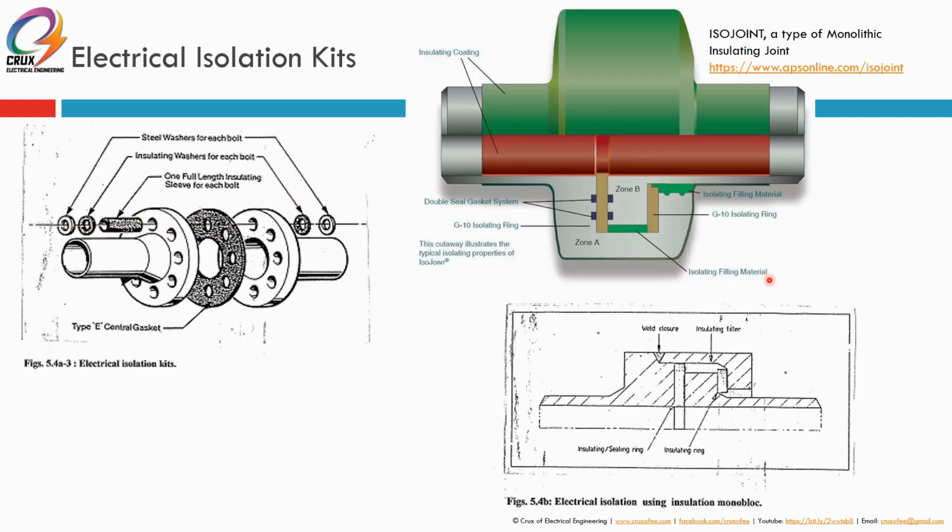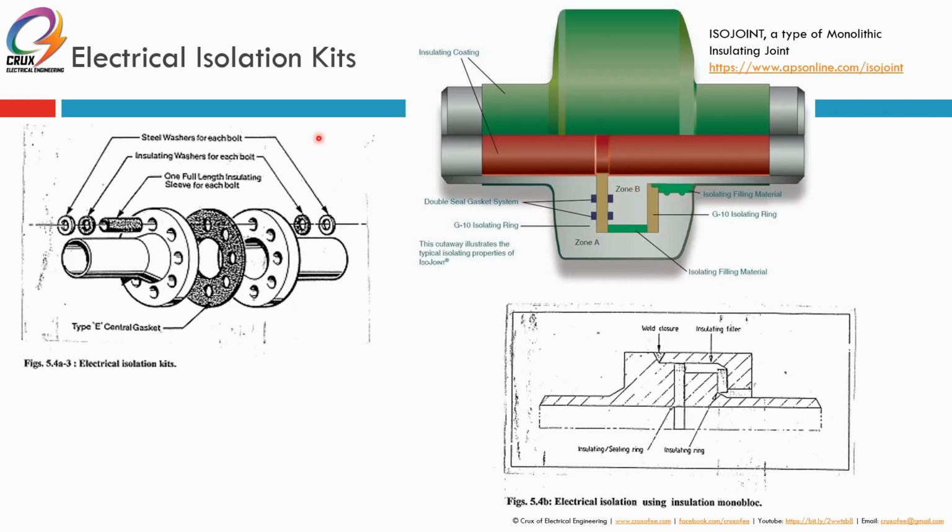Another type is the monolithic insulating joint, or in this case ISO joint. This ISO joint is the brand or model being sold by this company, EPS Online. So it has insulating coating outside. Between these two metals there will be an isolating film material which is non-conducting.